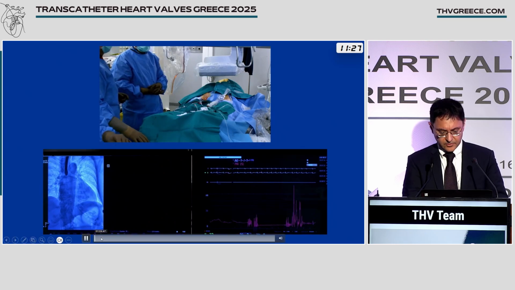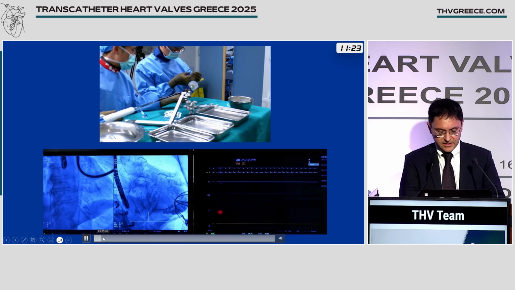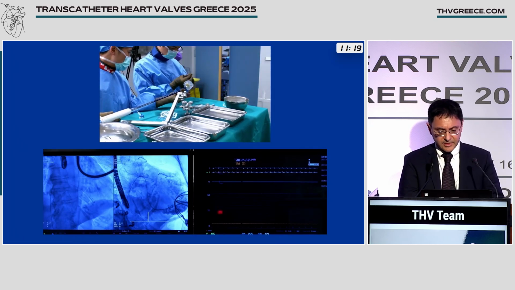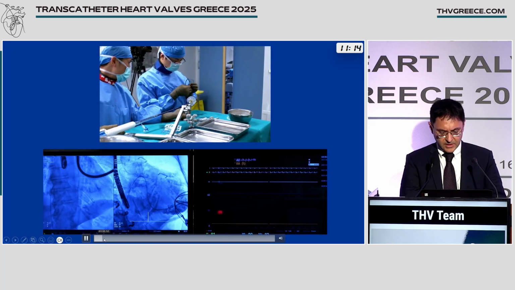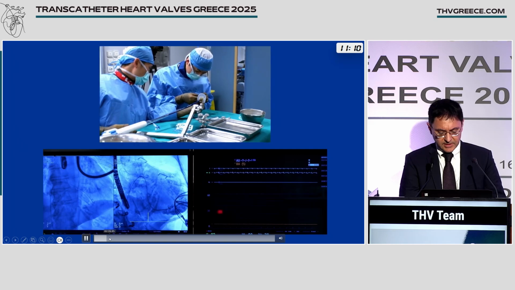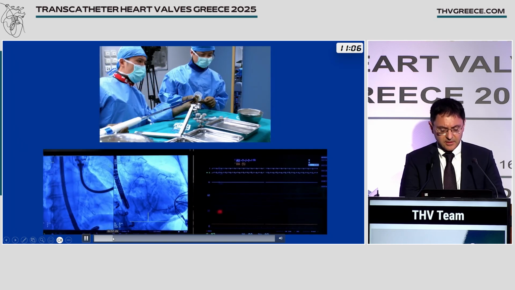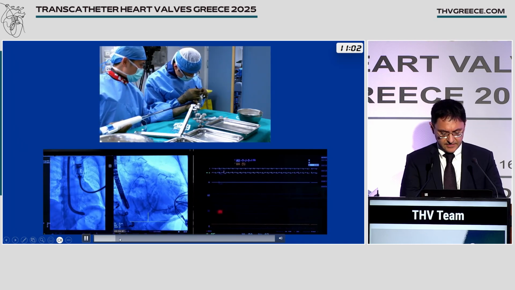We will move on. The preparation of the valve is very thorough from the proctors, and we proceed with ventriculography for road mapping. We see the pigtail. You see, the preparation is very tedious.